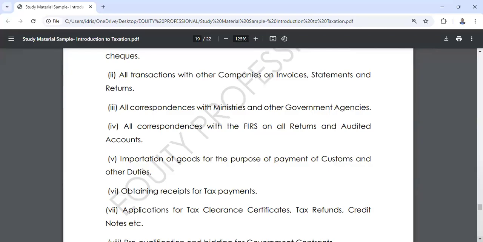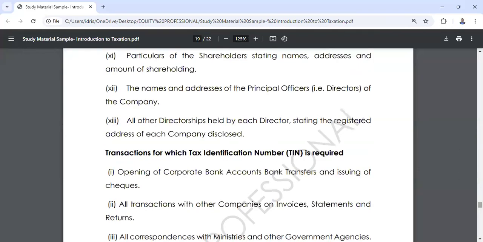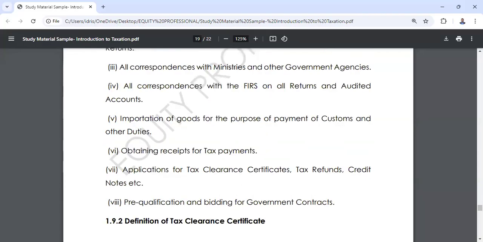Tax clearance certificate. You will collect a tax clearance certificate from FRS or State Board of Internal Revenue. They will ask for your TIN number. Obtaining receipt for tax payment. They will ask for your TIN number. So all these are the transactions that TIN number will be needed for. Please, let's know at least 7 transactions that TIN number will be needed for.